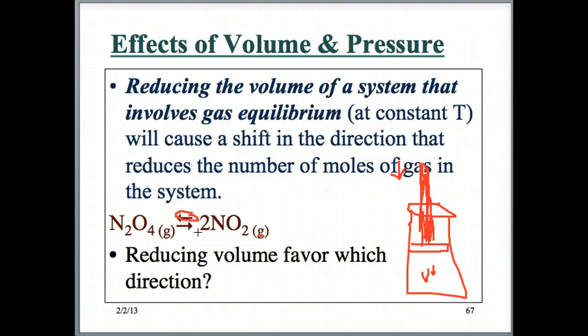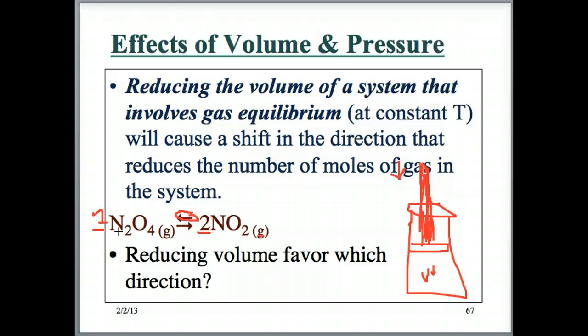What I mean by that is I have 2 moles of gas on this side and only 1 mole on this side. So when the reaction proceeds to the reactant side, I make less gas. My gas can be cut in half if it went totally to the reactant side.